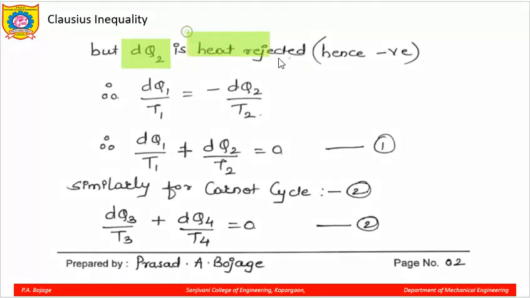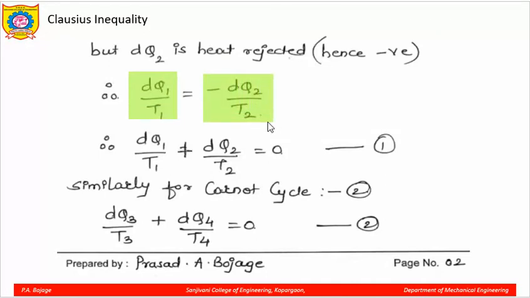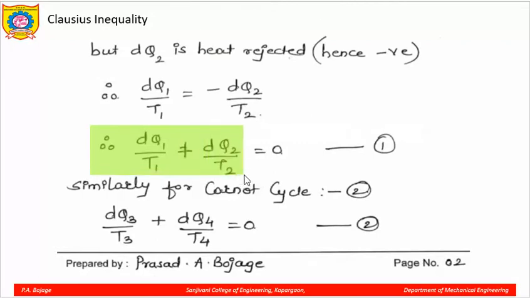As heat is rejected, it should be taken as negative. So the equation gets modified as dQ1 upon T1 is equal to minus dQ2 upon T2. When you simplify, you get dQ1 upon T1 plus dQ2 upon T2 is equal to 0, taking dQ2 upon T2 to the LHS.